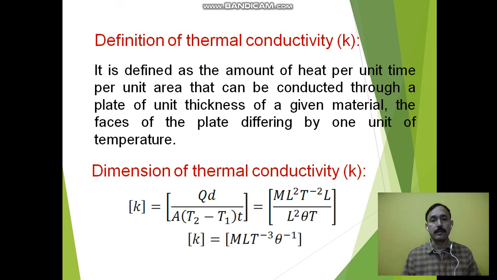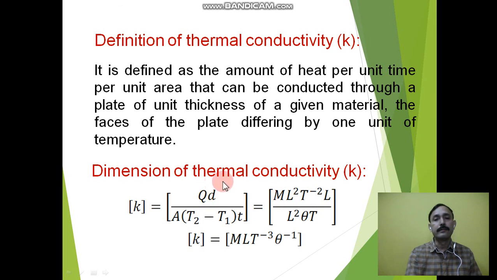Now its dimension. From this formula, K is equal to Q D by A (T2 minus T1) into t, the dimension of heat is energy, that means M L square T to the power minus 2.